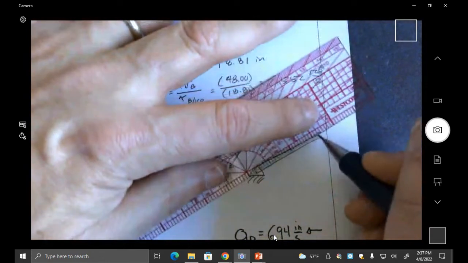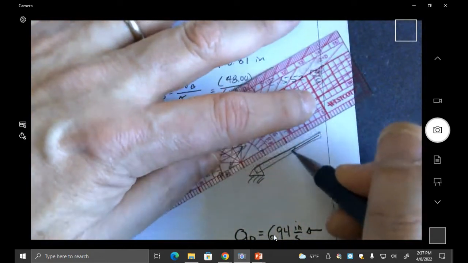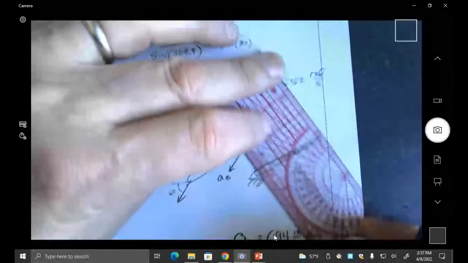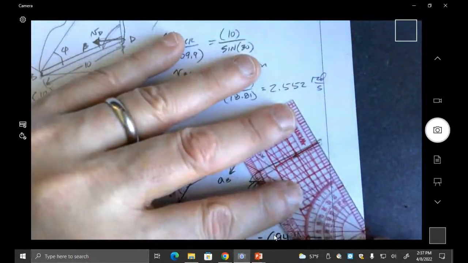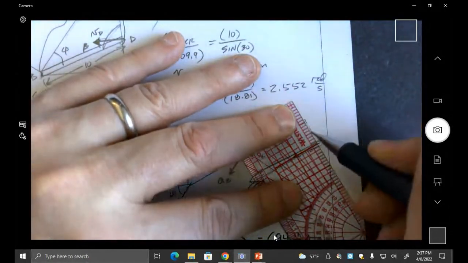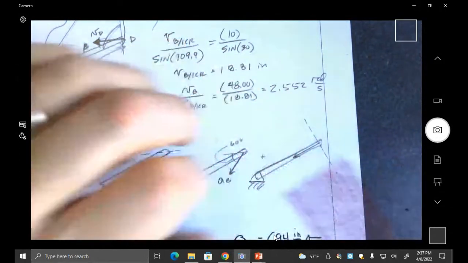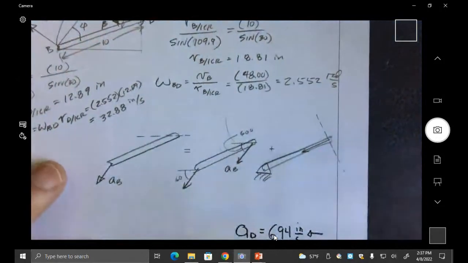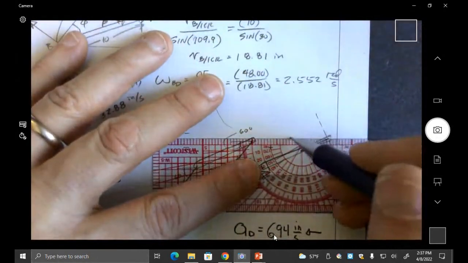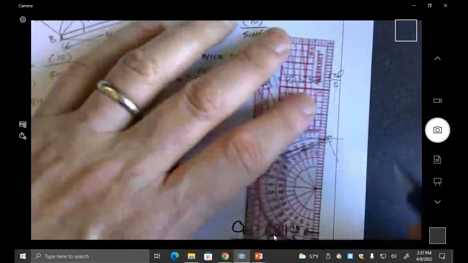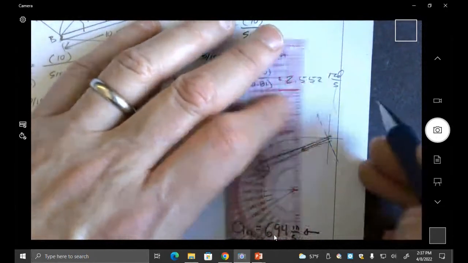We have this, and that. Let's not forget our angles.